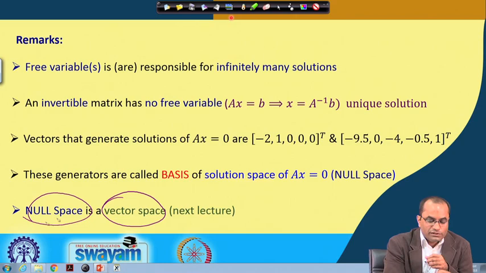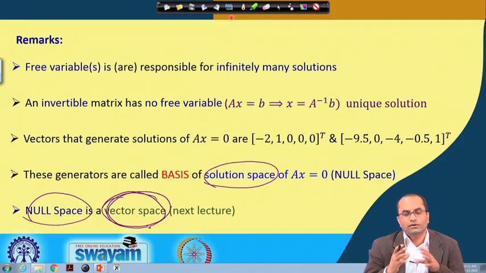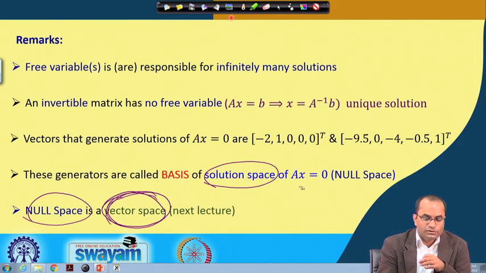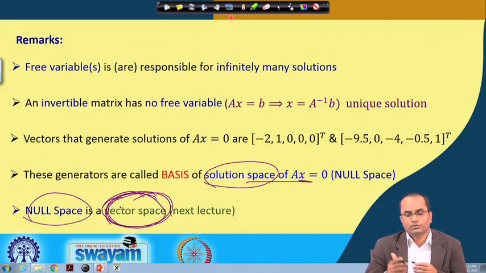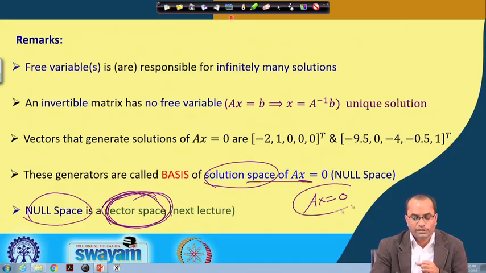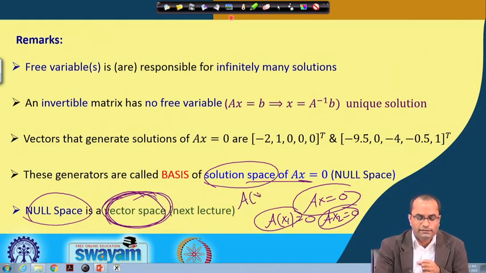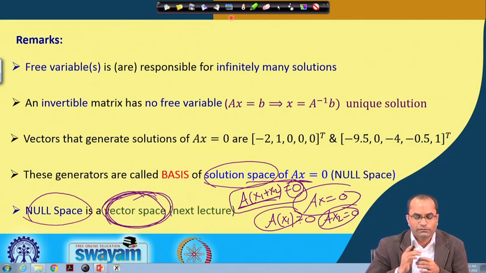So, this null space, which is the solution space here, is a vector space, and there are some properties of the solution set which we are talking about, which will later be called a vector space. For instance, here we see that if we add two solutions, the new solution will also be a solution of the Ax is equal to 0 equation, because if x1 satisfies this and x2 also satisfies this, then x1 plus x2 will also satisfy that equation, because Ax1 plus Ax2 are both 0.